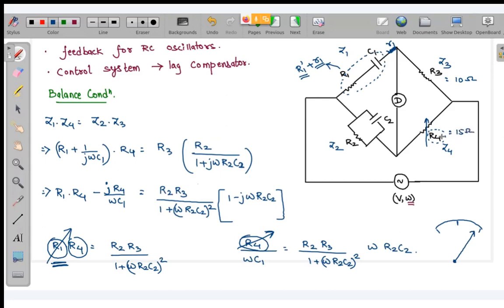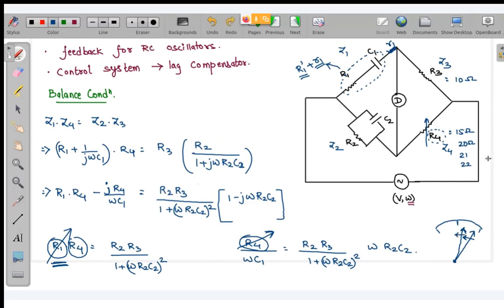Now what I do, I start increasing the value of R4, and this is coming at this position. At a particular point, let us assume 20 ohm, the pointer is at this position. If I keep on increasing 21, 22, you might see that the bridge is still converging, but I won't increase the value.